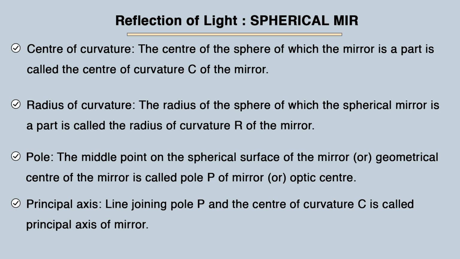Some parameters or terminology used in spherical mirrors: the center of curvature, the radius of curvature, pole, and principal axis.